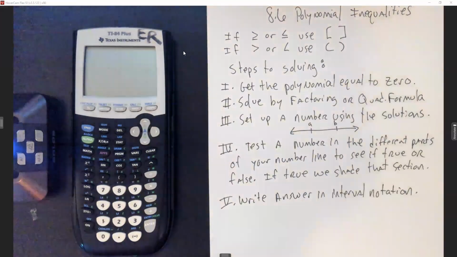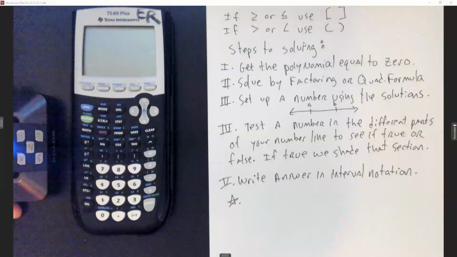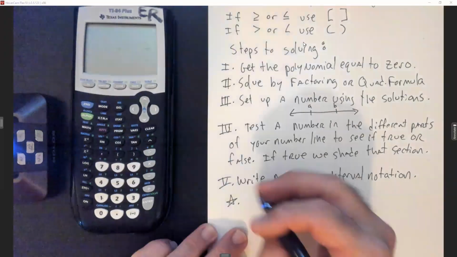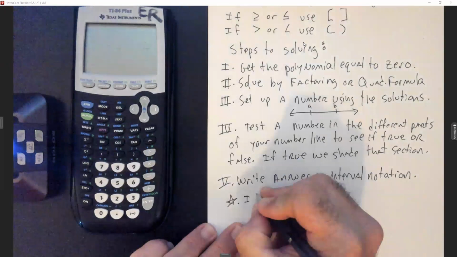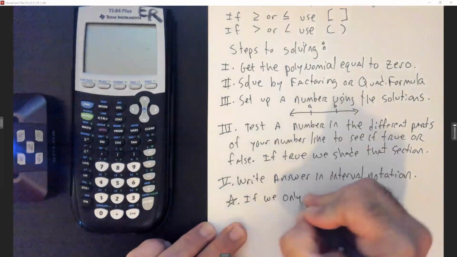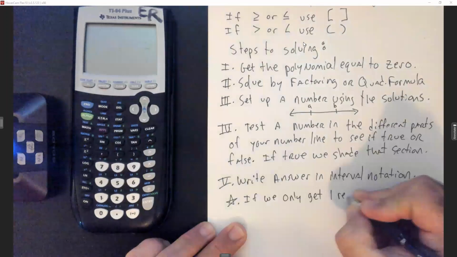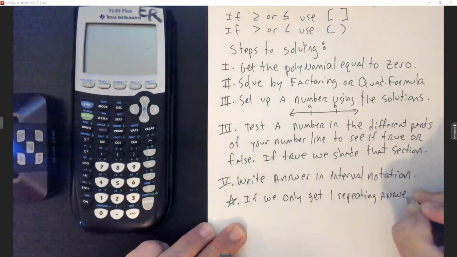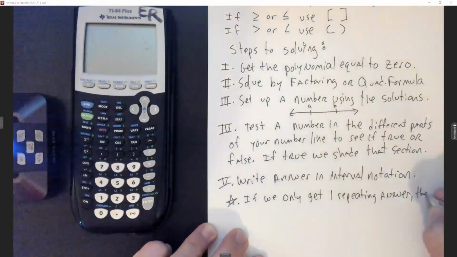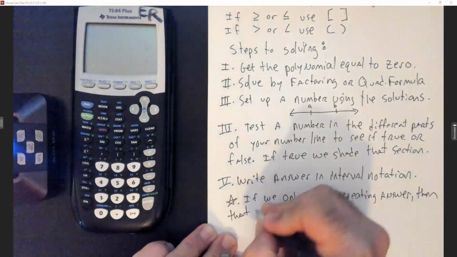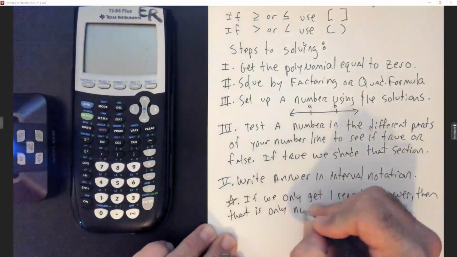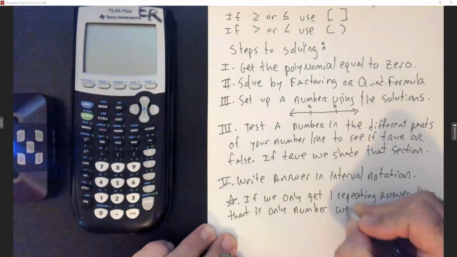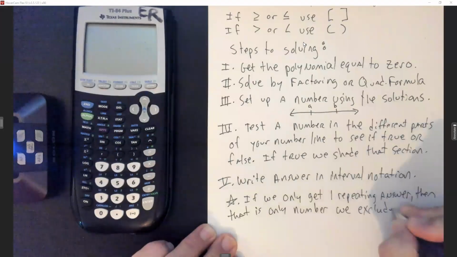Now, a few things on this. If you only get a single answer when working this, so if we only get one repeating answer, then that is the only number we exclude from the domain.